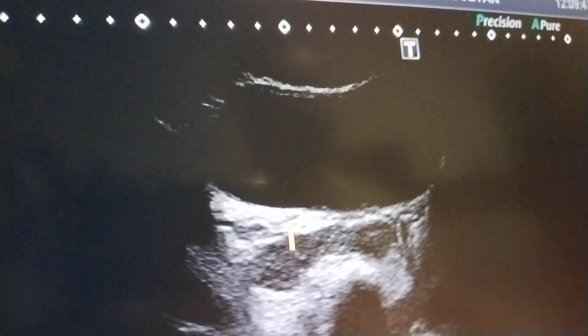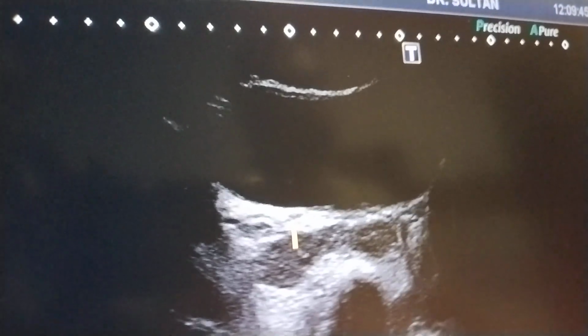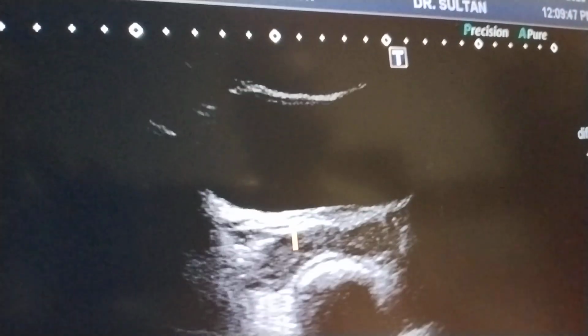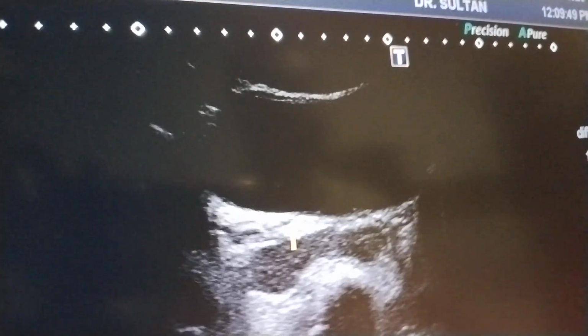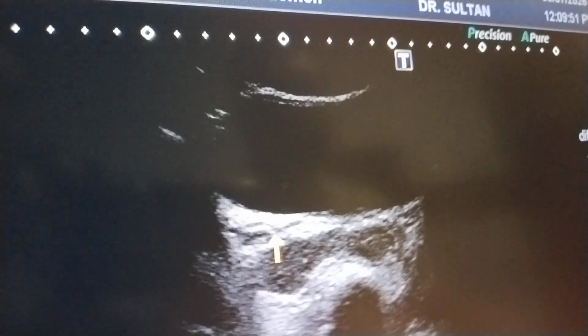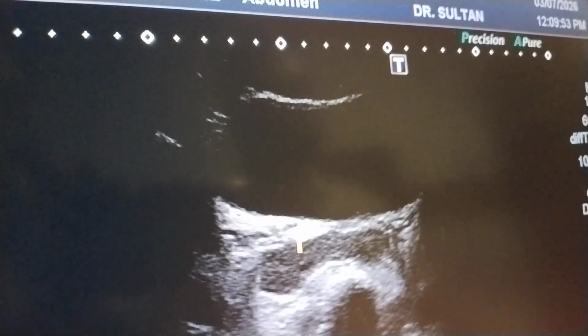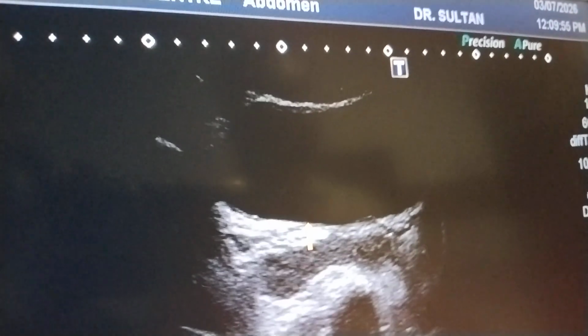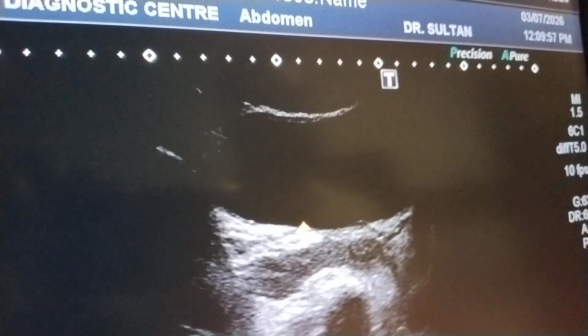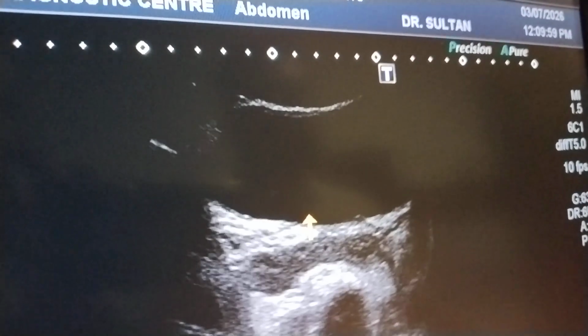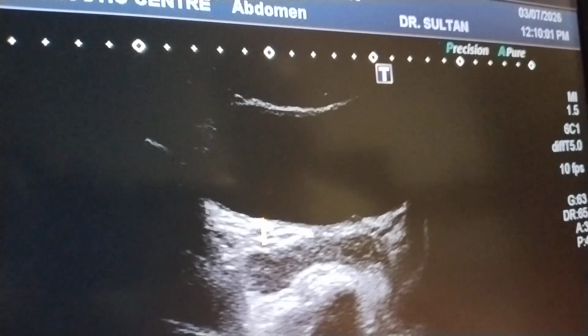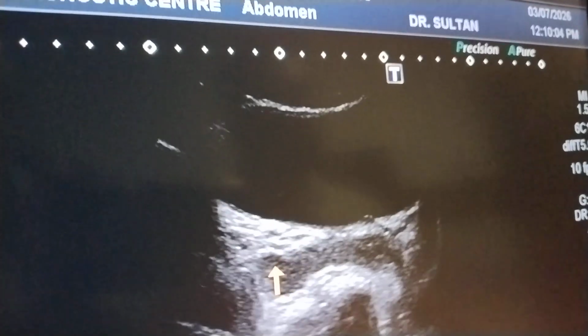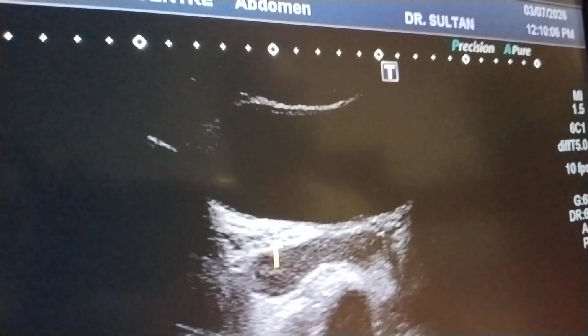You look at here, this is the VUJ, which is the narrowest part of the ureter, and it passes obliquely through the wall of the urinary bladder and then enters the urinary bladder at the trigone area. This is the trigone area, and this is the vesico-ureteric junction.